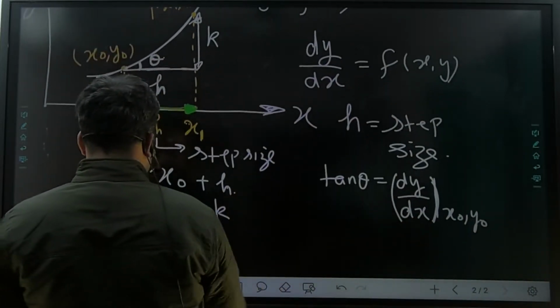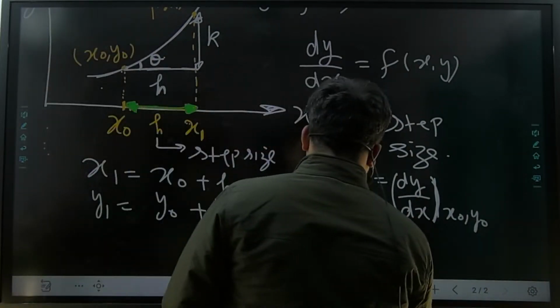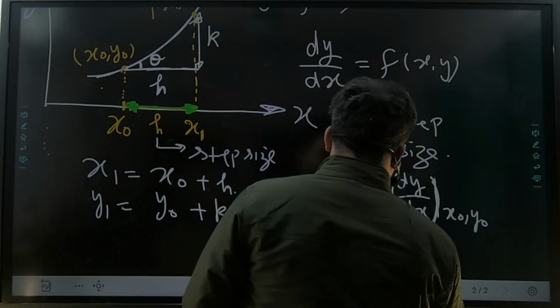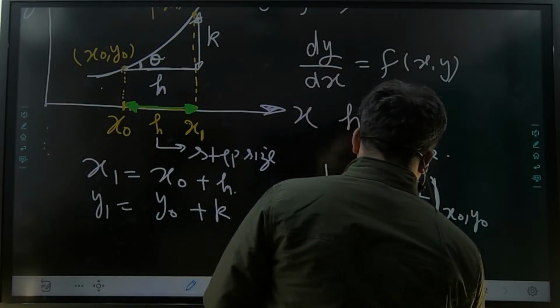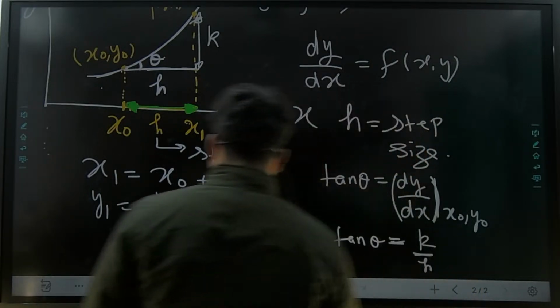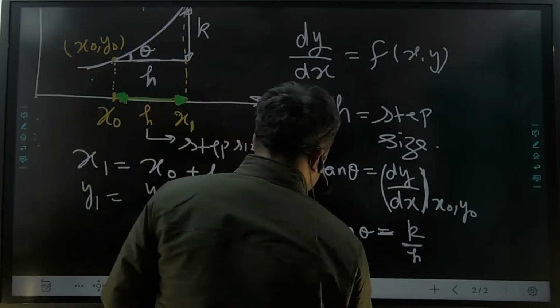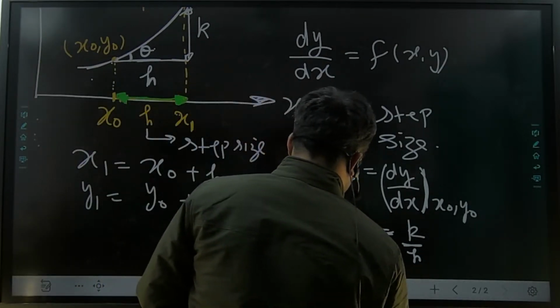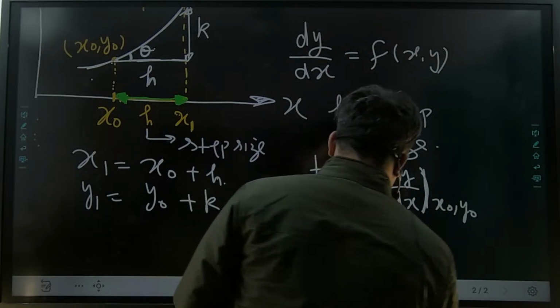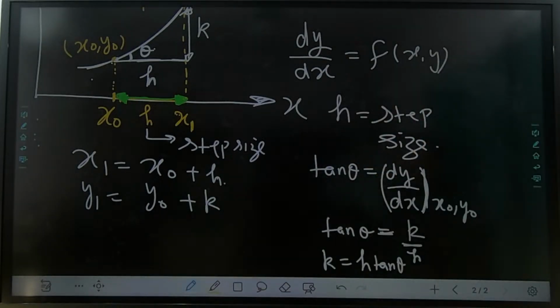This is one thing. Also, I know tan theta is equal to k by h, perpendicular upon base.